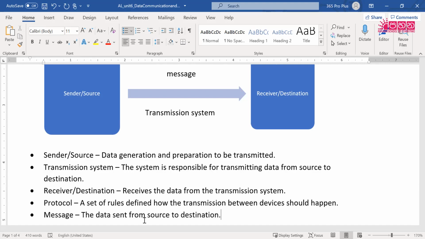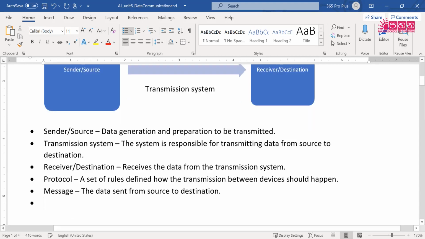Now, if you ask how exactly data transmission happens, this data transmission happens through what we call signals. So for that, we need to look at the different types of signals available. In this part, we are going to look at different types of signals.